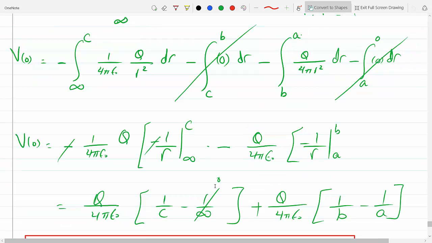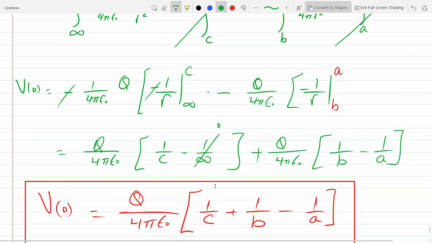Oh, one second here. By mistake, I switched the bounds. This is B, this is A. So we just flip the signs of these.